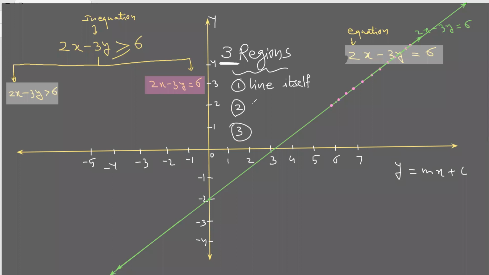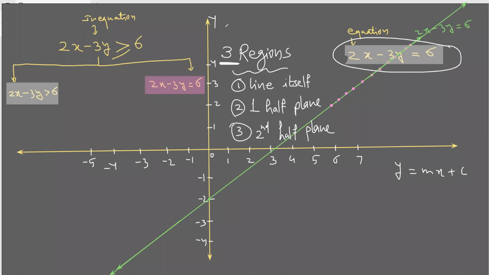One half plane, and here the second half plane. Now what are these? I'll tell you. When you drew the line 2x minus 3y equal to 6, the line gave us a total of three disjoint regions.